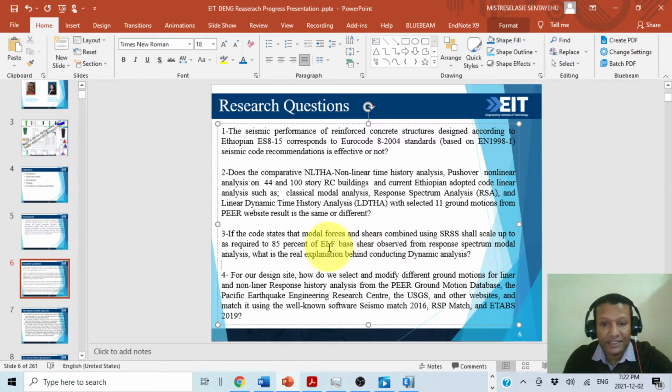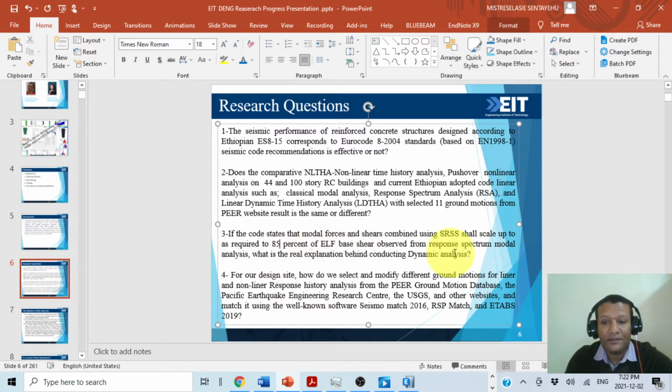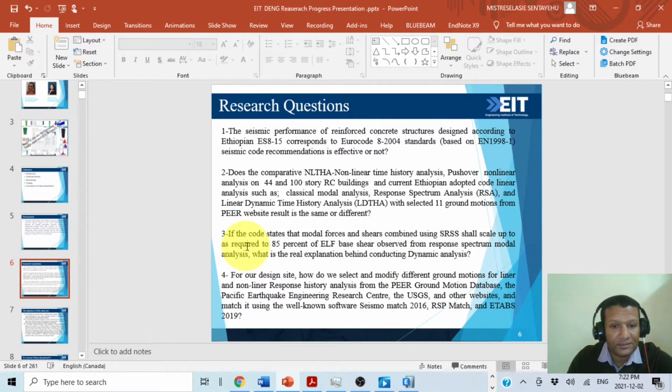But as per code, once you get the base shear acceleration from time history analysis or response spectrum analysis, you have to check it with linear ELF analysis, and if the result is low, then you have to scale it up. So my question is, what was it at the end of the day? We will answer it, because I got the answer at the end of my research. But this is a question, because whenever we did dynamic analysis, the result was always lower than the ELF base shear design result. So we shall see this also.